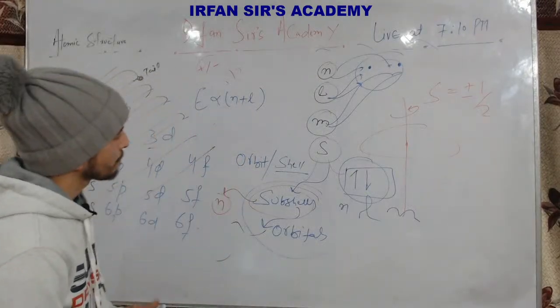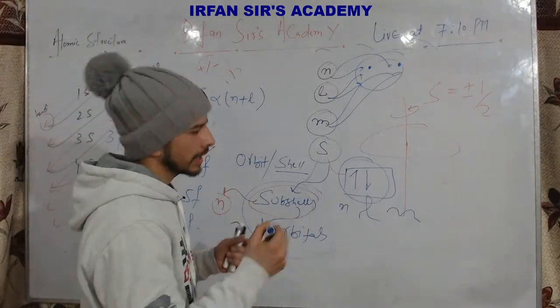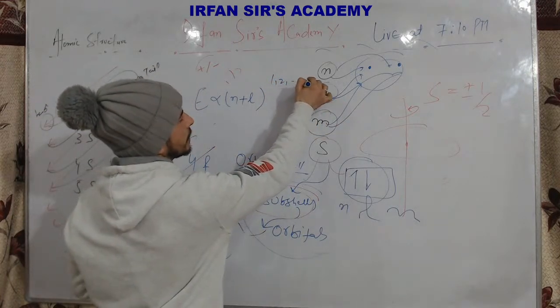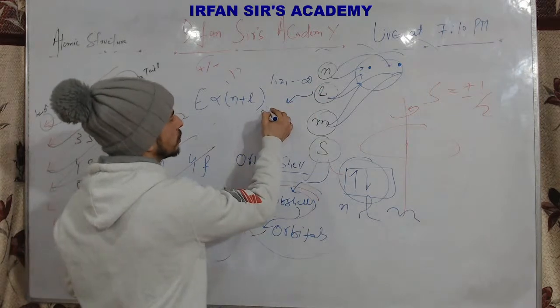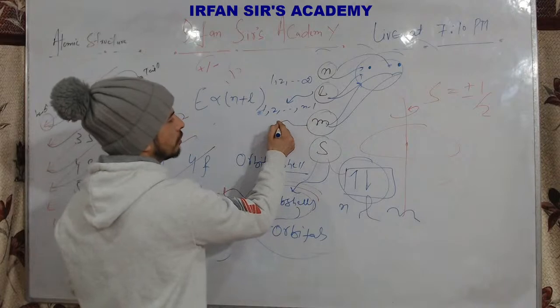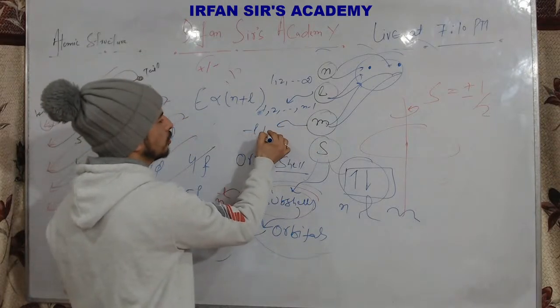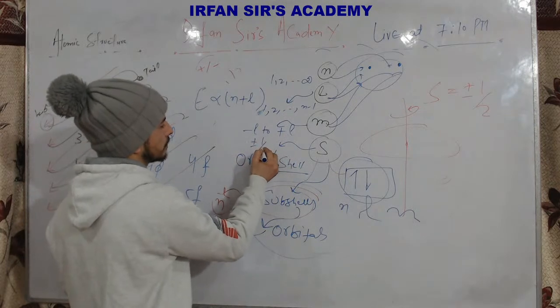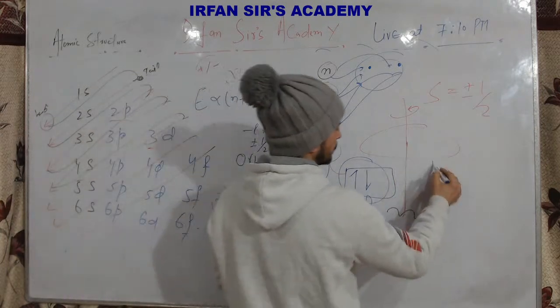Okay. Similarly, the value of L you can calculate. The value of n is from 1, 2 and so on up to infinity. The value of L is 0, 1, 2, up to n minus 1. The value of M is minus L to plus L, and the value of S is plus or minus half. And you have some memory map.